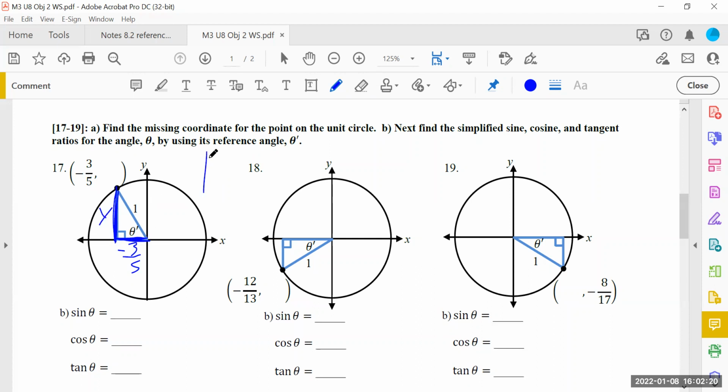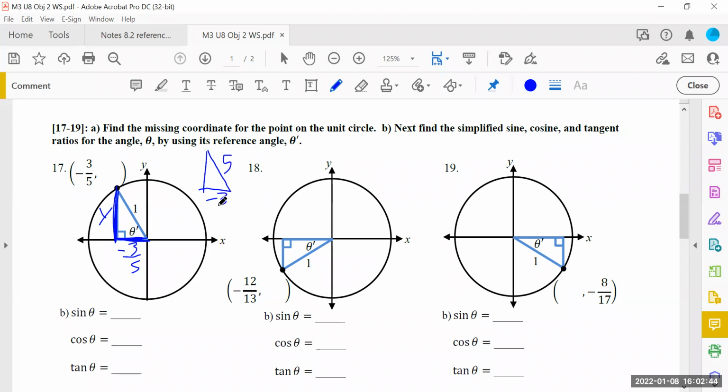Or if you don't like dealing with fractions, we can multiply that whole thing by the denominator. So we can take this side, -3/5. This is 1. I can multiply all of this by 5. And if I do that, then those two sides become -3 and +5.